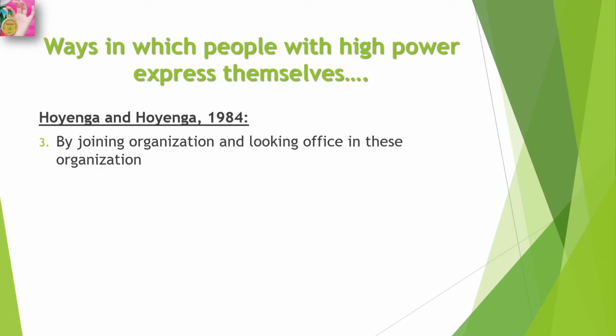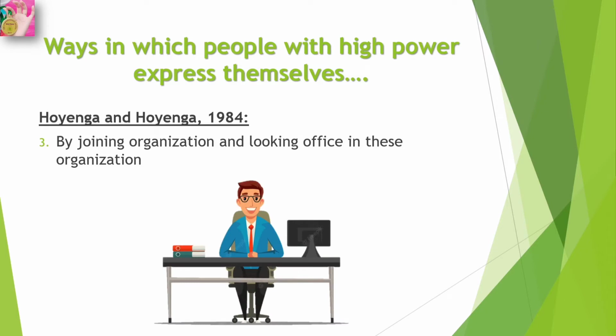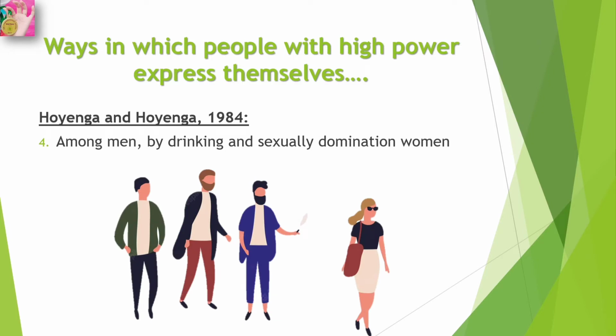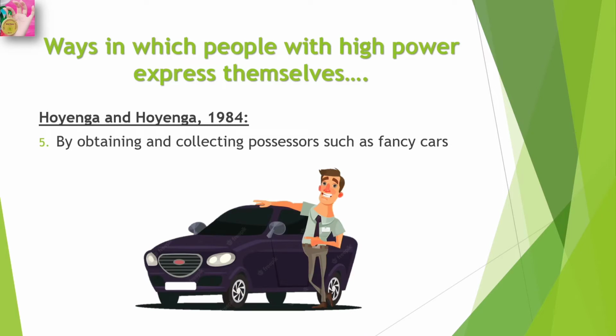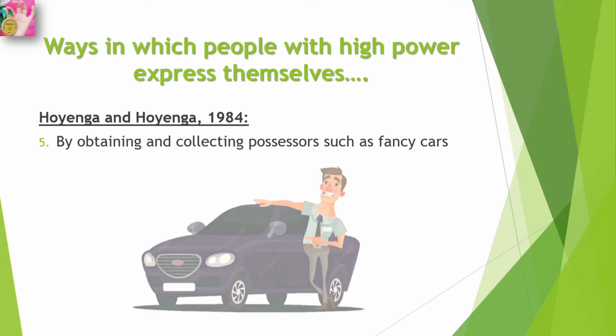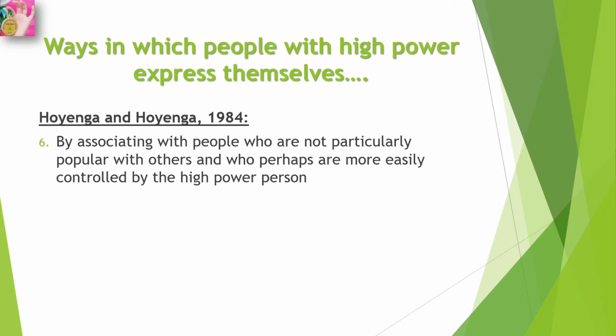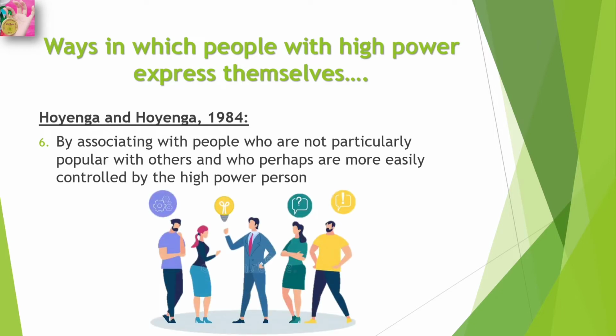The third point is joining an organization and seeking office in it. Then among men, drinking and sexually dominating women, and obtaining and collecting possessions such as fancy cars. Another way is associating with people who are not particularly popular with others and who perhaps are more easily controlled by the high power person.